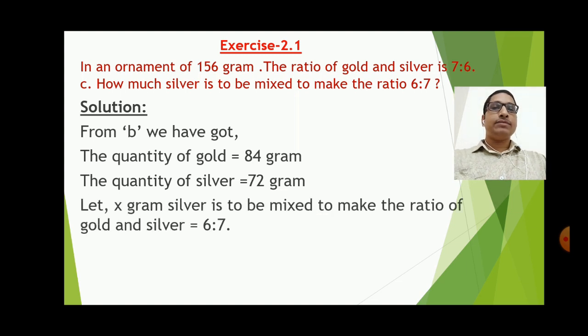Let x gram of silver be mixed to make the ratio of gold and silver 6:7. Okay, that means if we mix x gram here, then the ratio will be 6:7. So how will we find it? At first we will make an equation. After that, by solving this equation, we will find this unknown quantity.